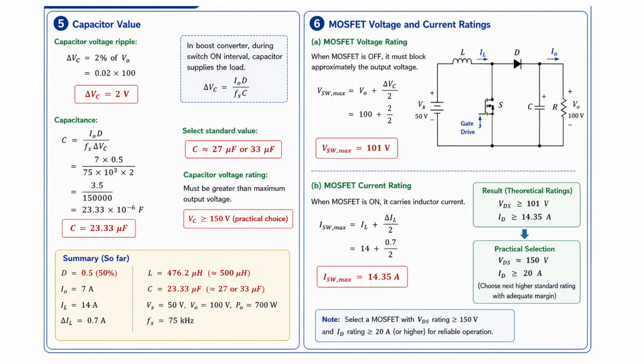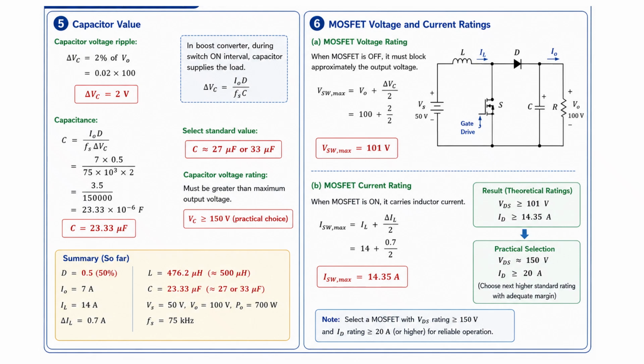Now, the fifth part is to calculate the value of the capacitor. We know that delta VC, or capacitor voltage ripple, is 2% of V naught. V naught is 100 volt. So 2% of V naught is 2 volt. With this formula, you can find the capacitance value: I naught into D upon Fs into delta Vc.